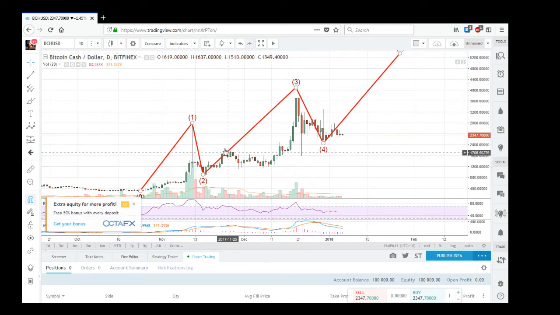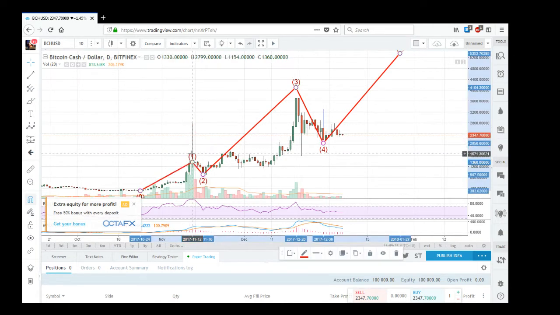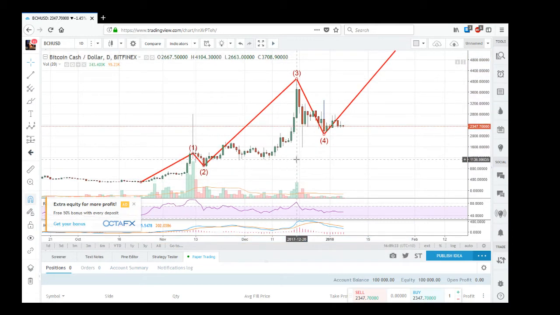Now, there's a few things that are not quite right about this, and I'm going to readjust this down to here, and I'll explain why. There are rules around the Elliott wave, and one of them is that the end of wave 4 should not interfere with wave 1 to 2.